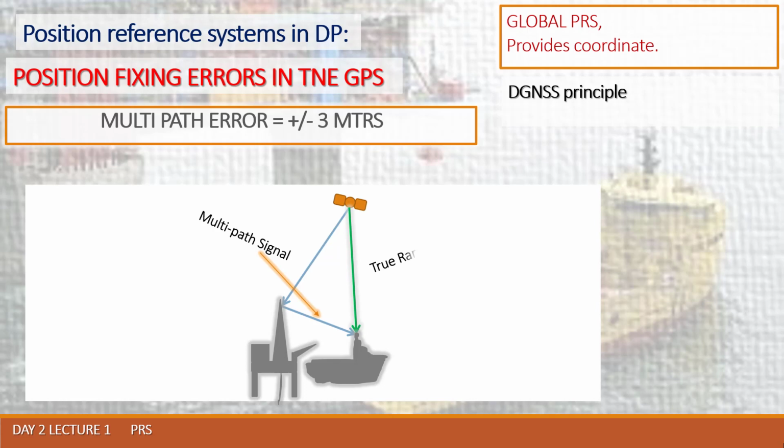In other words, great care must be taken when your vessel is staying nearby a huge metal structure at sea. Here, a calculation error in position may happen due to the multipath effect.